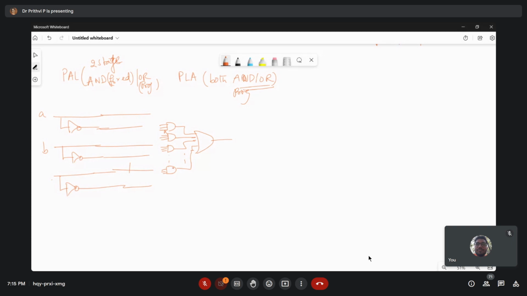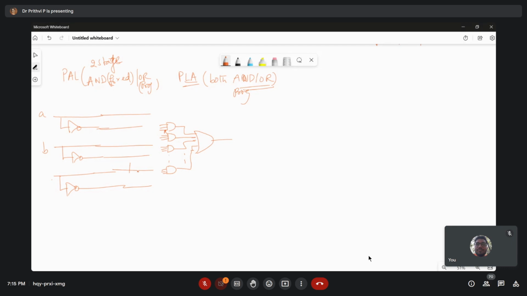So in that sense, you are now trying to generate that Boolean equation based on the logic, and you are taking the fuses where that input is not available in your product. Okay, so something like this is very simple when compared to your PLA, because only the fuses have to be blown out for the terms where the inputs are not being used.